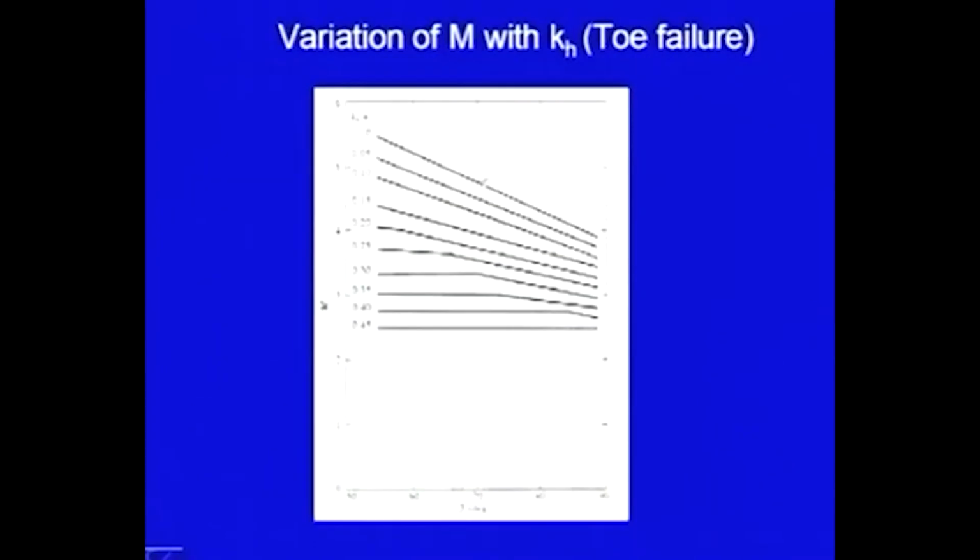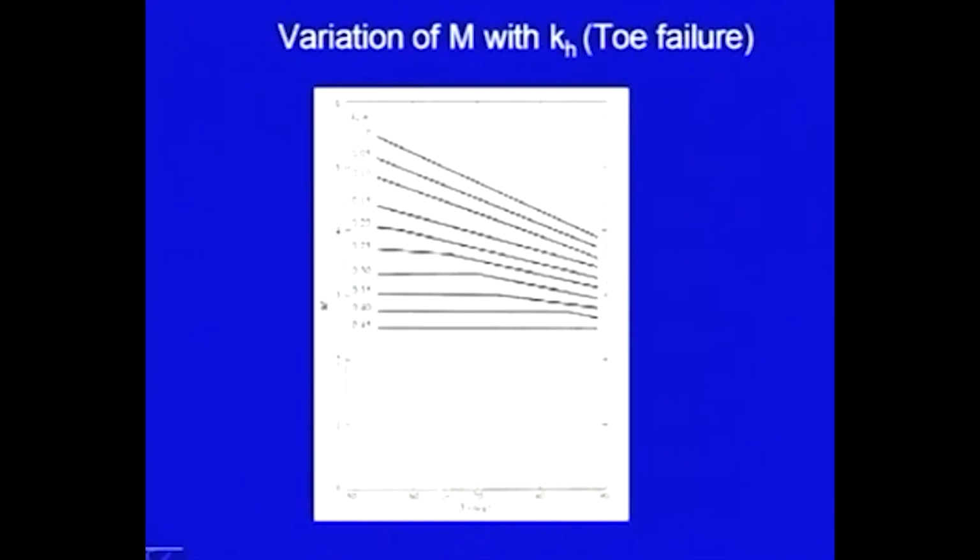Here the variation of the stability factor m is given with kh for the toe failure. The earlier cases were up to beta equal to 50 degree. If beta is more than 53, it is the toe failure which is going to take place.